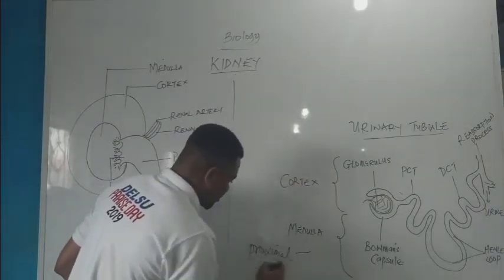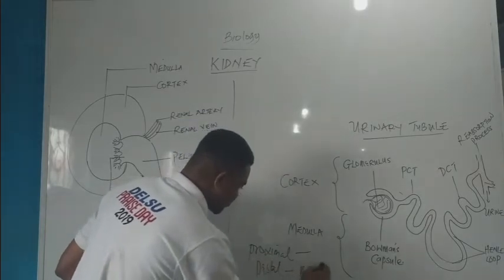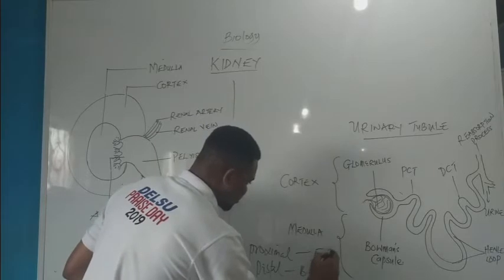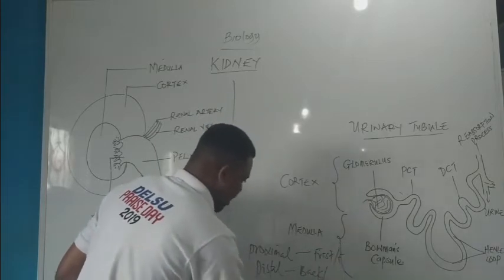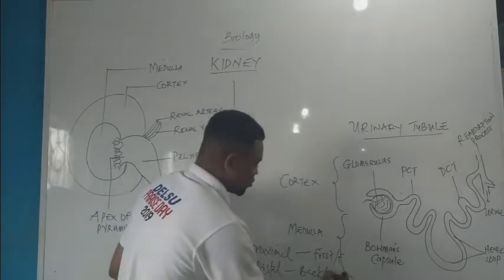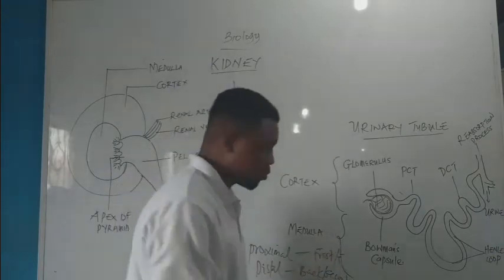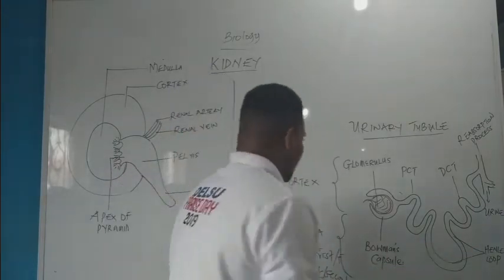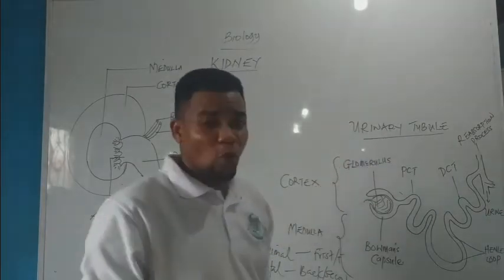Proximal means first, distal means back. So anything that has to do with the distal end has to do with backwards, and the proximal end has to do with front.